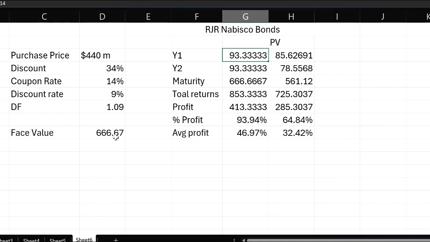666.67 million is the face value. So out of that, what is the amount he will be getting? It will be calculated by taking 666.67 and multiplying by the yield, which is the coupon rate of 14 percent. The coupon rate is basically the interest rate.